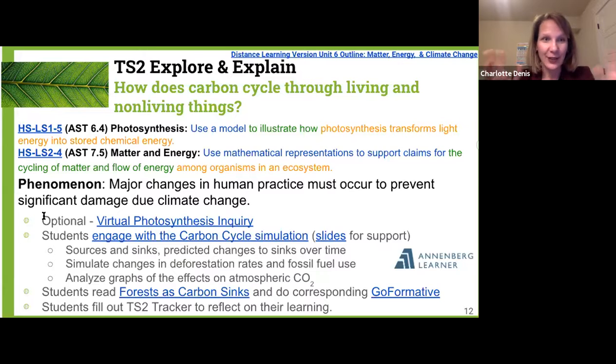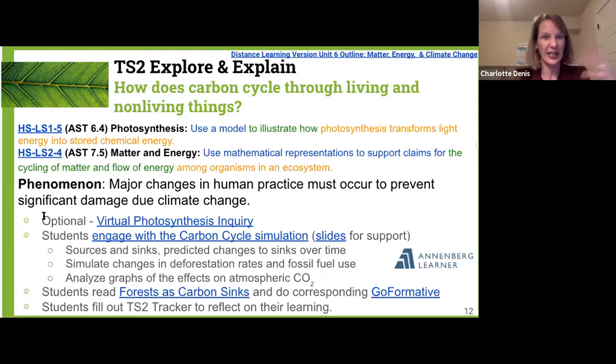Annenberg has always been around, and it's a foundation in California. They have a simulator about the carbon cycle, and it's not a very in-depth one, but when we were developing this, we didn't want students to get bogged down in too many details, because we knew that the unit needed to be on the shorter side. There are two parts to this task where they engage with this carbon cycle simulation.